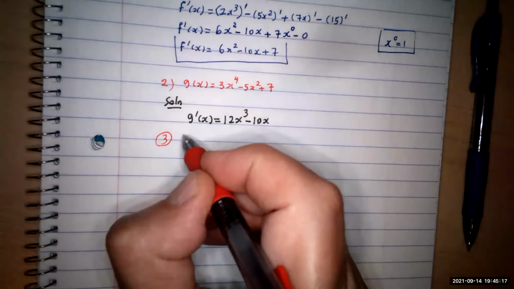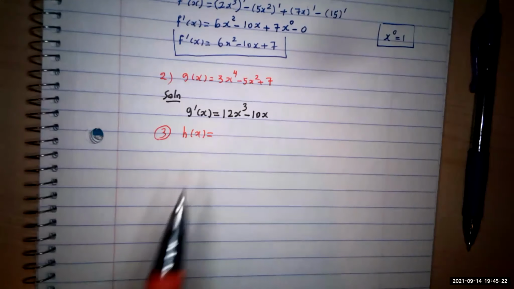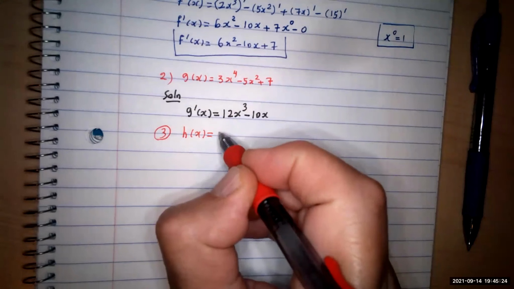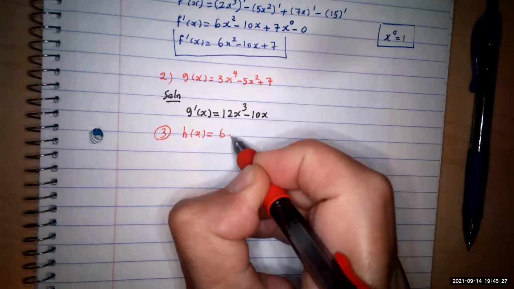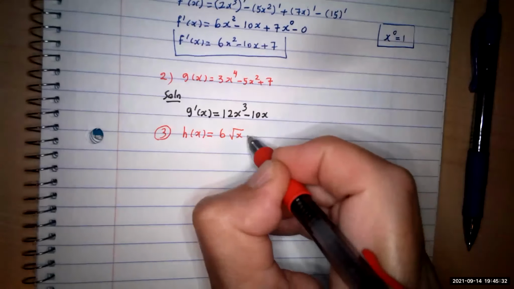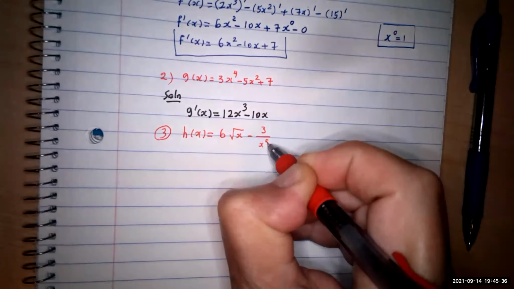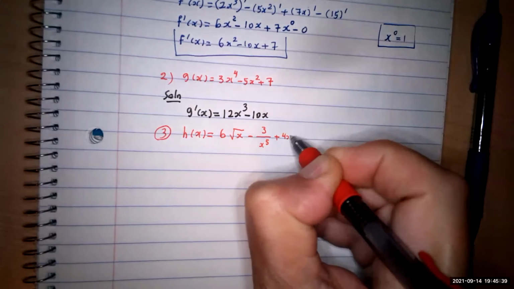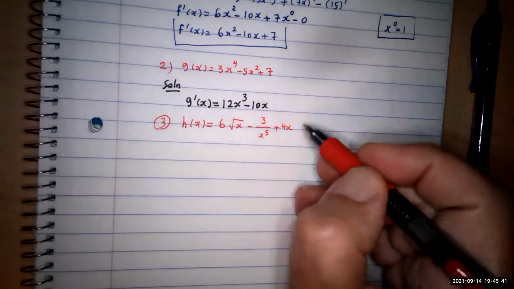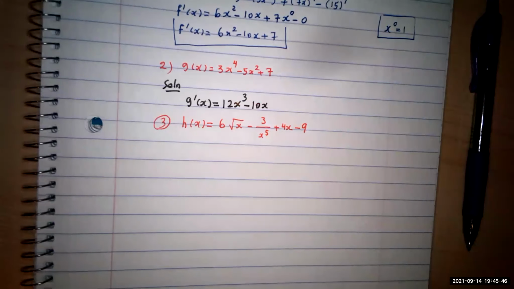So let's have another one. h of x is equal to, let's say, something like 6 radical x minus 3 over x to the 5th plus 4x, and this is going to be minus 9. And that's the kind that you are going to face for these type of problems.